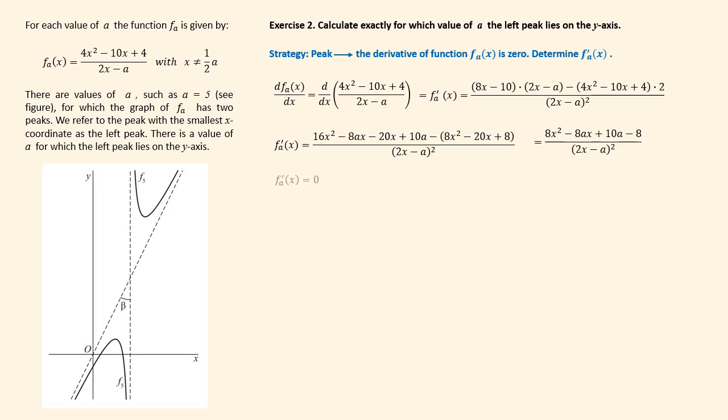Now we know for a peak this must be 0. That means that the numerator must be 0. And here we have a quadratic expression, which can always be solved with the famous ABC formula, where a is 8, b equals minus 8, and c equals 10a minus 8.